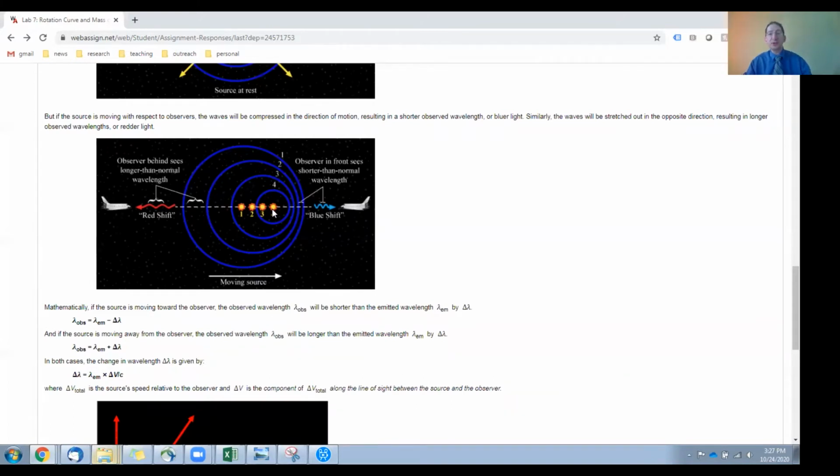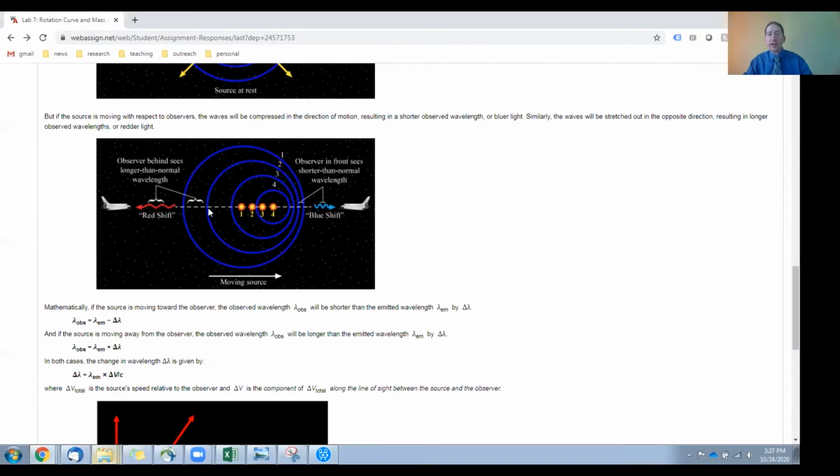So as you can see, the crests get compressed in the direction of motion, and they get stretched out in the opposite direction. So this observer will measure a shorter wavelength, a shorter distance between crests than was emitted by the source, and this observer will measure a longer wavelength than was emitted by the source.